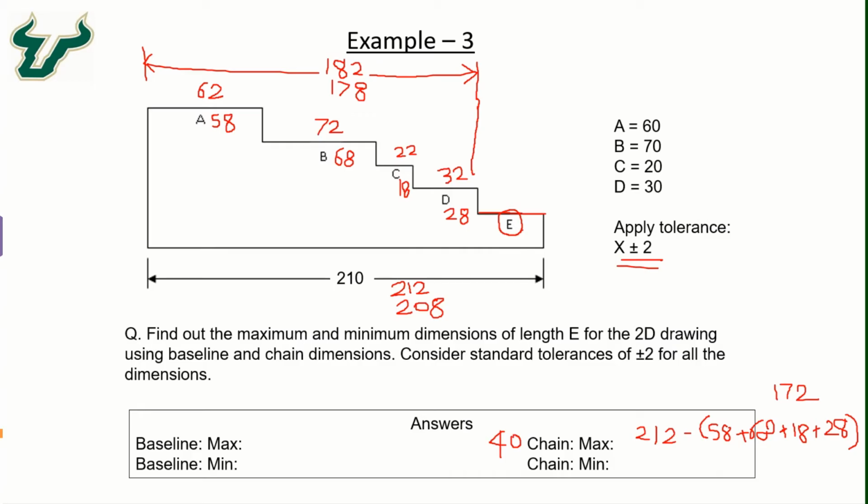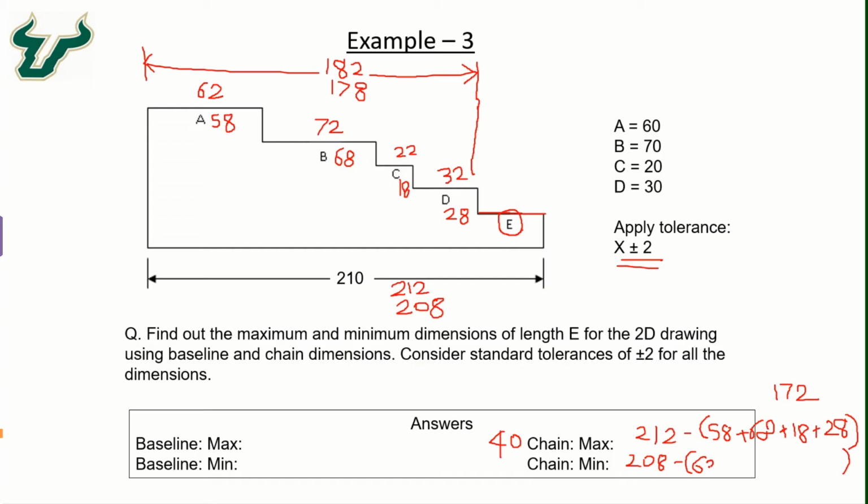Let's again work with the minimum dimension for the edge E using the chain dimension scheme. For the minimum possible value of E, we need to go with the minimum overall and the addition of the maximum inside dimensions.